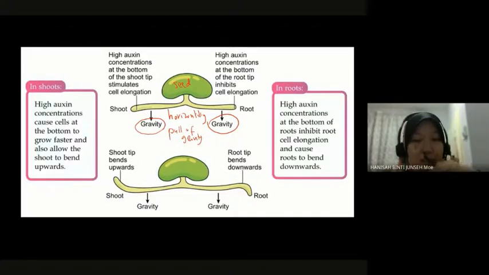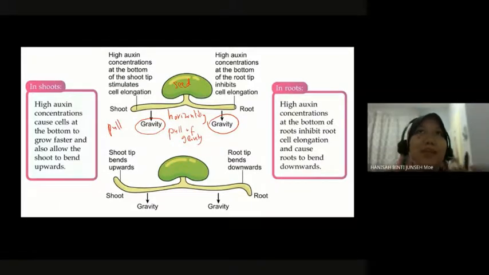So, itu logic. Seed, kita tahu di dalam tanah, it's in the soil. And then there's the existence of gravity pulls. Okay, why is it important? Because of this gravity force ataupun gravity pull, it will pull the auxin. Pull dulu lah. Dan kenapa?